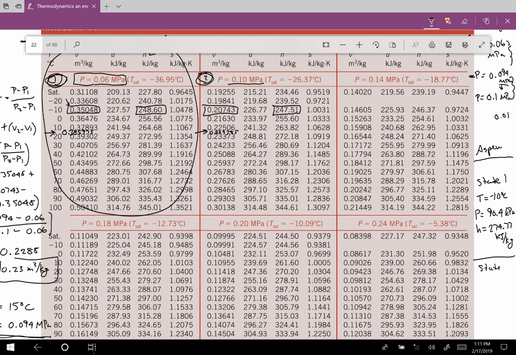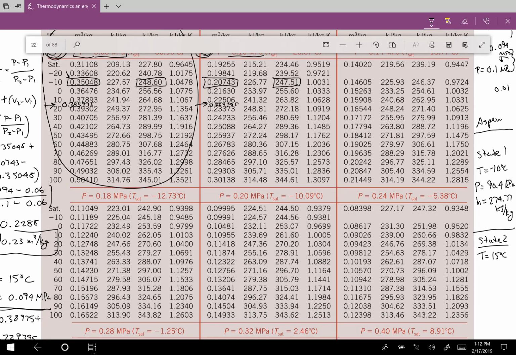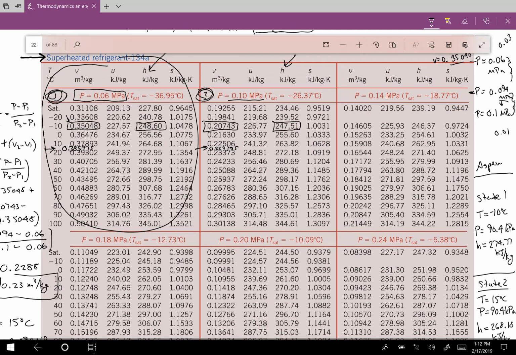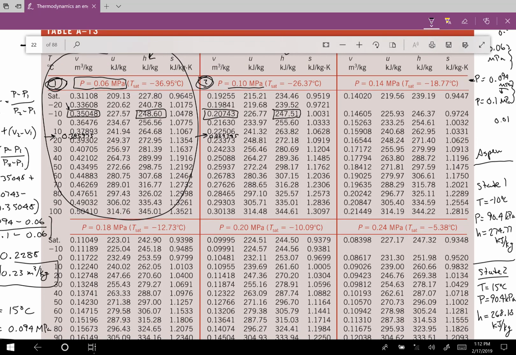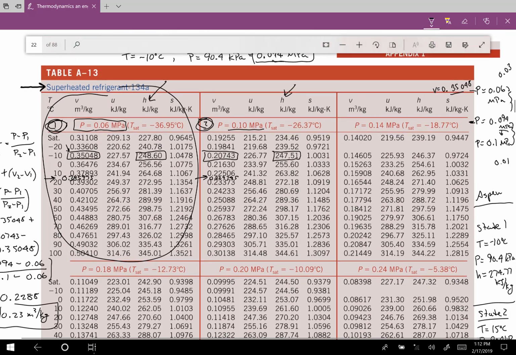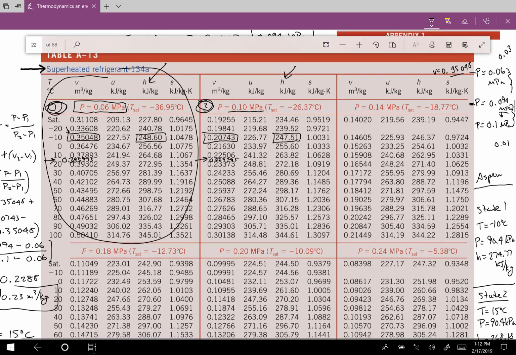And for state 2, T is equal to 15 degrees Celsius and our pressure is still 90.4 kilopascals, and H is equal to 268.18 kilojoules per kilogram. Remember, I'm getting the enthalpy the same way, doing an interpolation to calculate what the enthalpy is from this table.